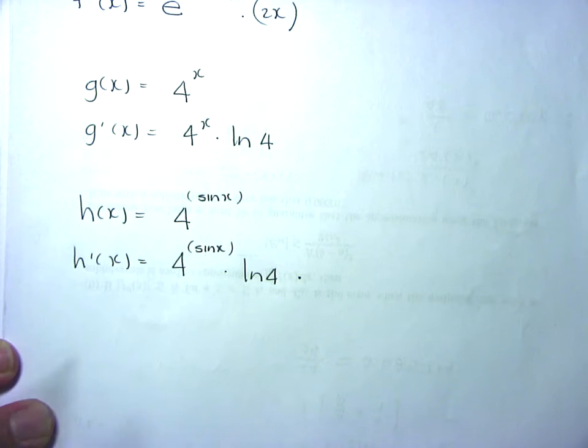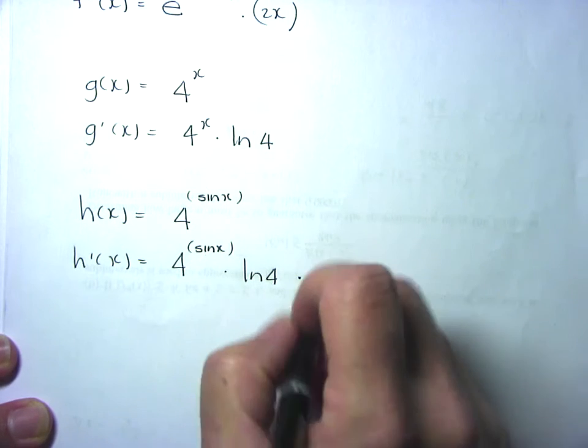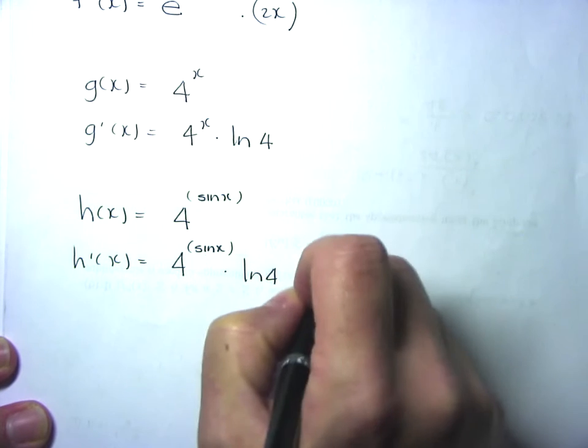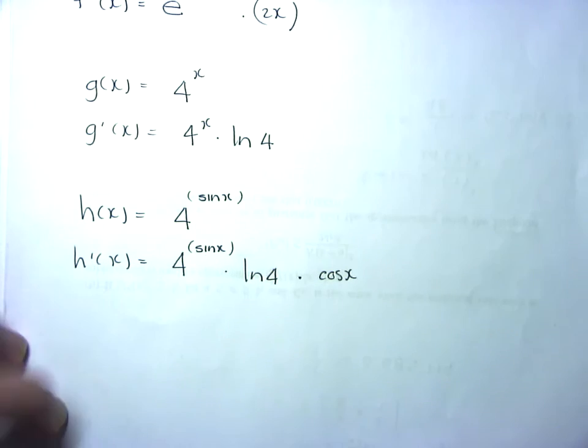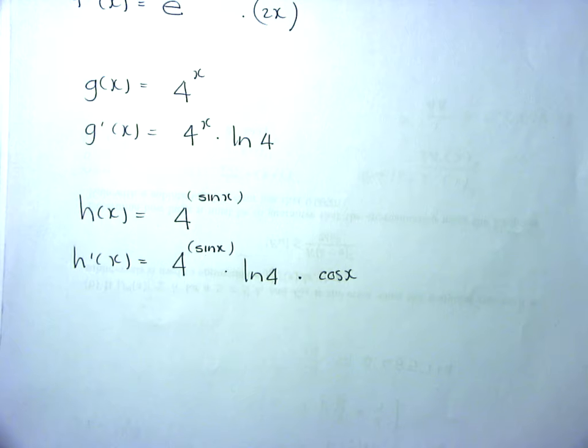What is the derivative of sine of x? It is cosine of x. Right. You guys okay so far?